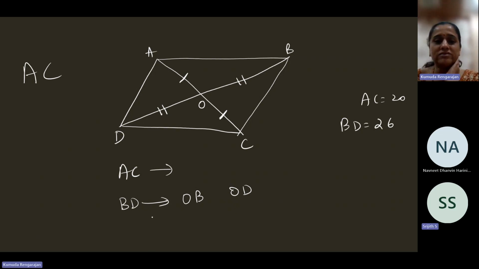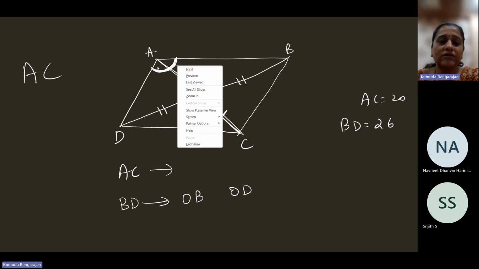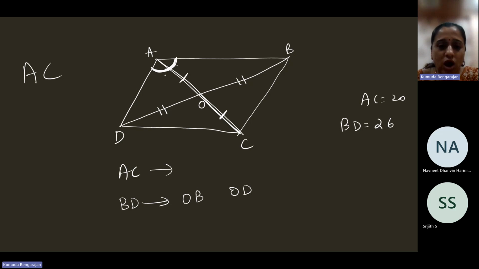Now, the other important thing is the diagonal. See here, this is one diagonal, the diagonal AC. This diagonal AC does not bisect the vertex angle. Supposing this angle is 120 degrees, it will not be 60-60.